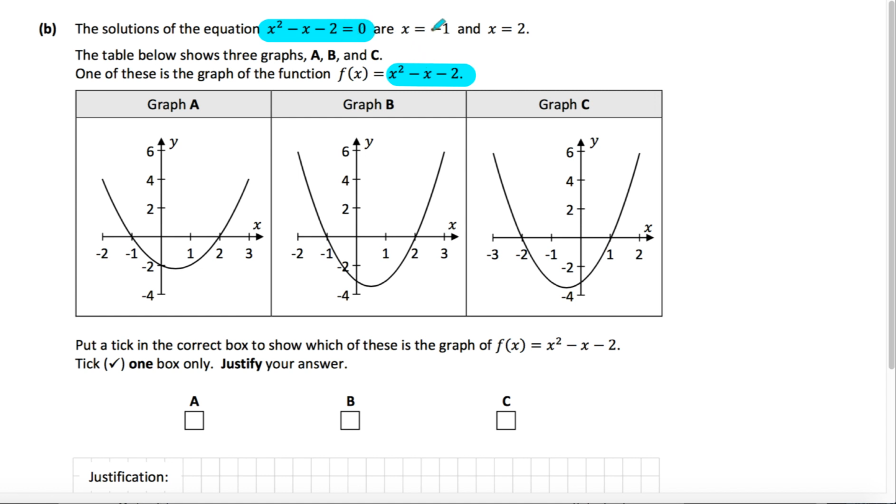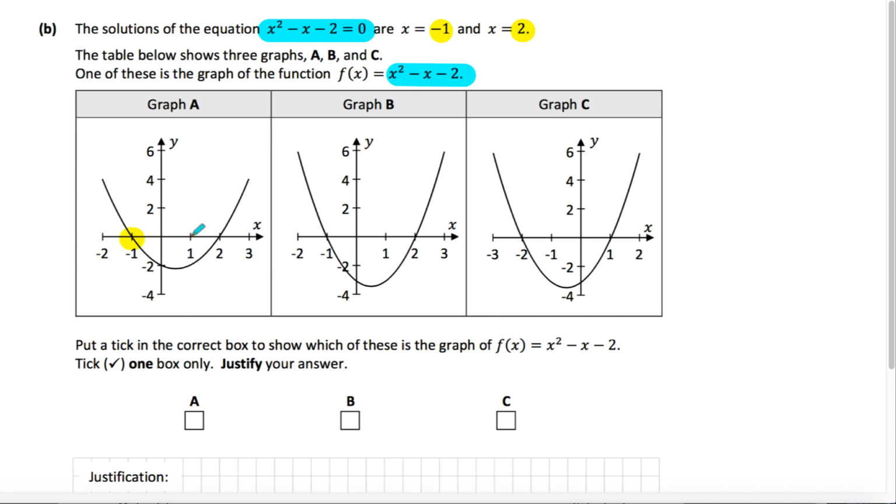So when we know the solution to the quadratic equation, x equals minus 1 and x equals 2, that means that the solutions to the quadratic will be the x-intercepts on the function. So minus 1 and 2 will be the x-intercepts of the function f of x.